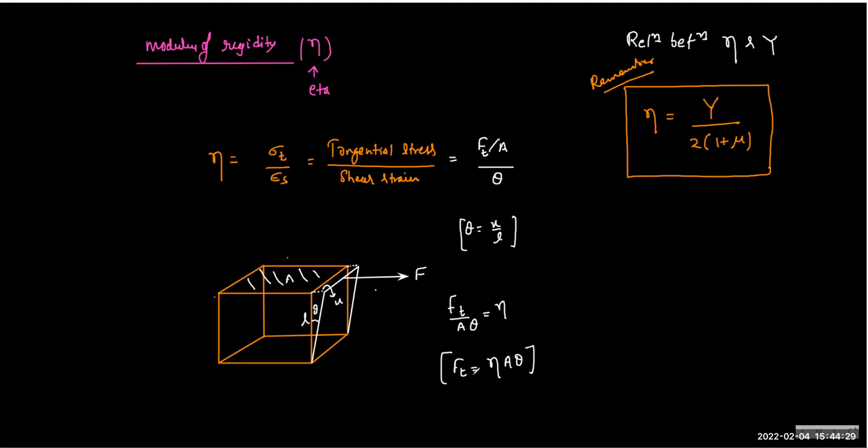Okay. So just remember the two definitions: this relation and the relation that we have derived already. So we have Young's modulus, and then we have bulk modulus, and we have eta.